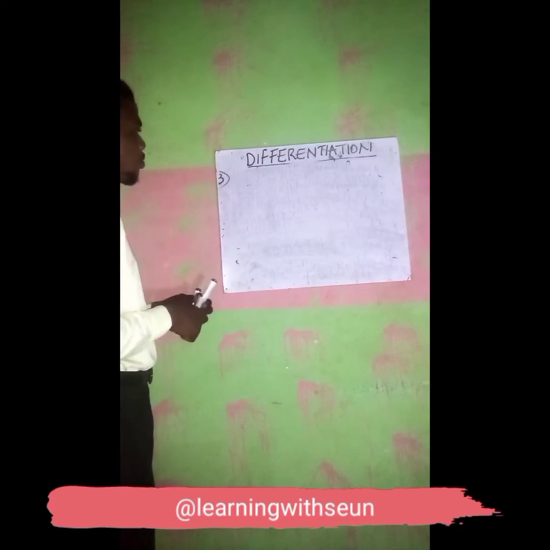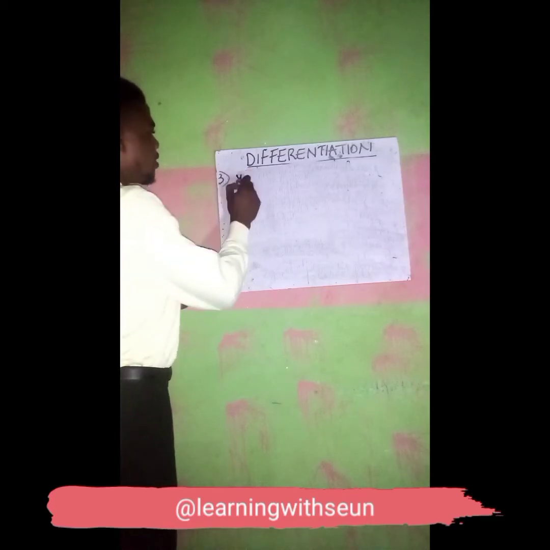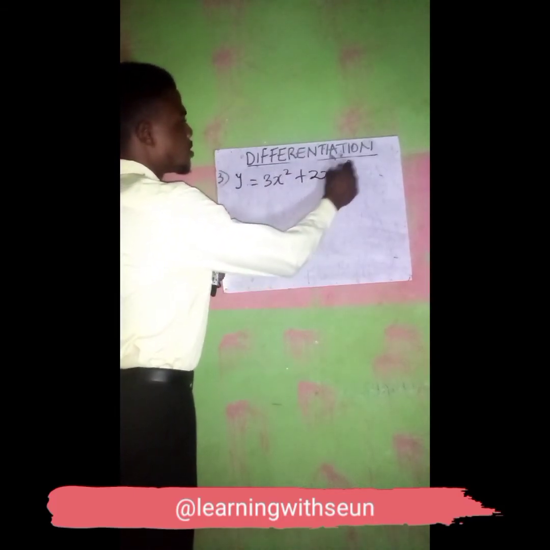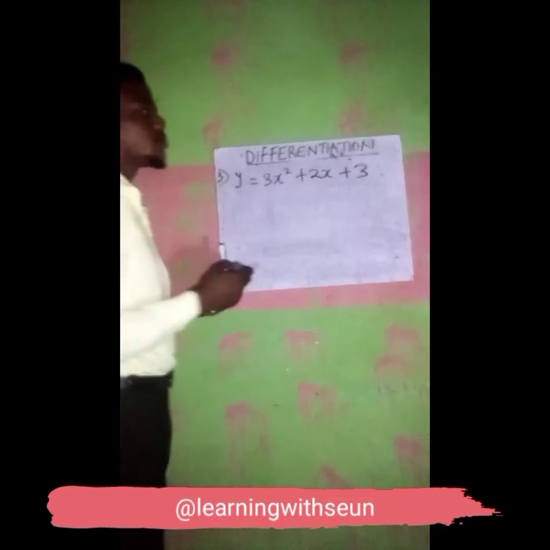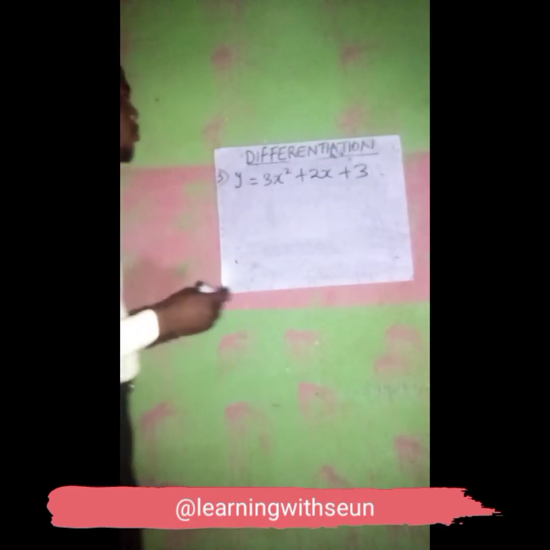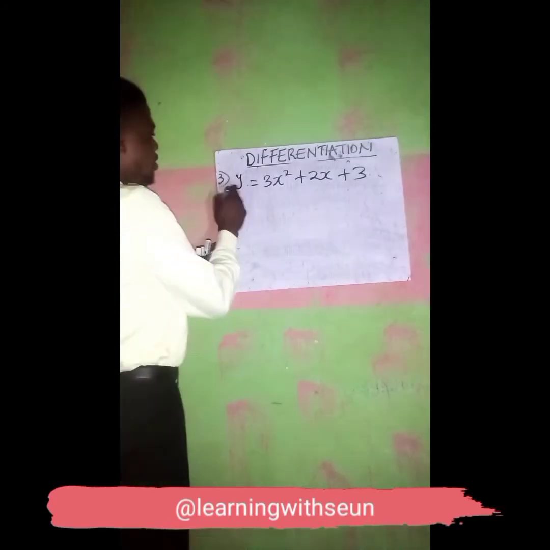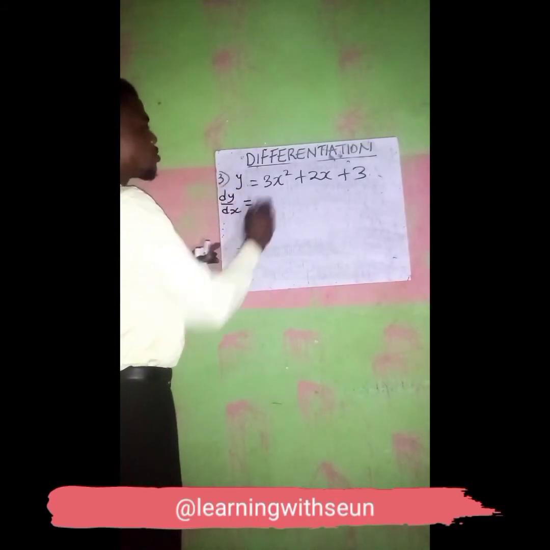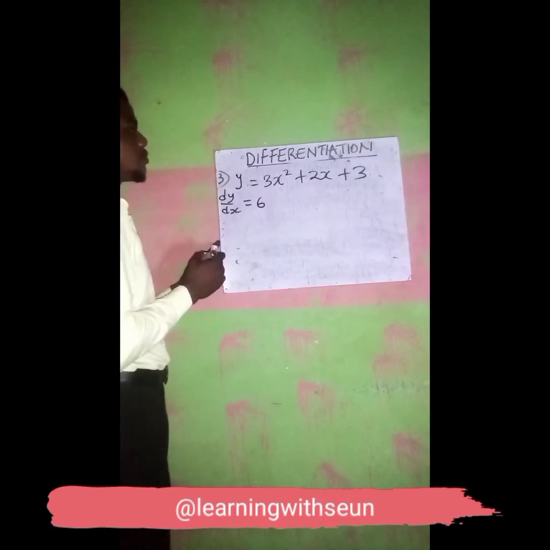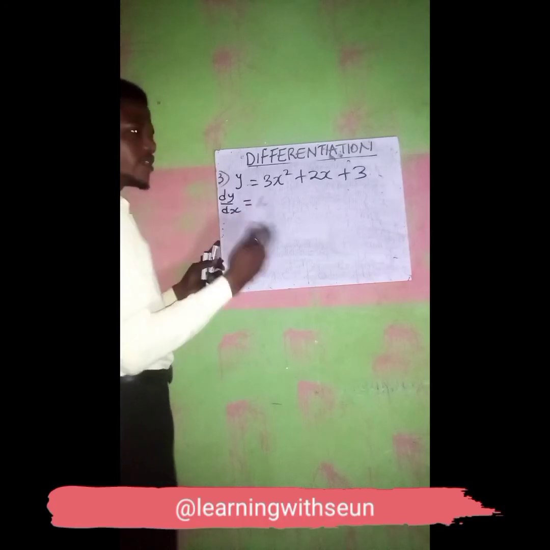You have y equal to 3x squared plus 2x plus 3. This is a polynomial function. Now dy over dx is equal to 2 multiplied by 3, 6. Let me write it out for clear understanding.